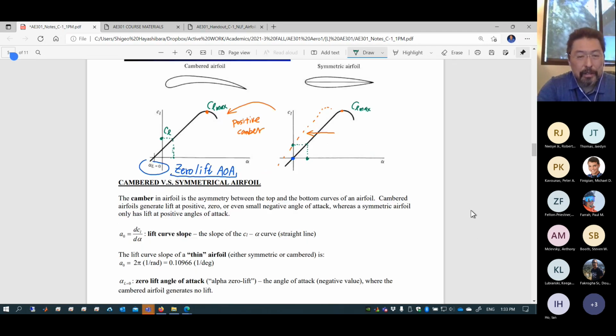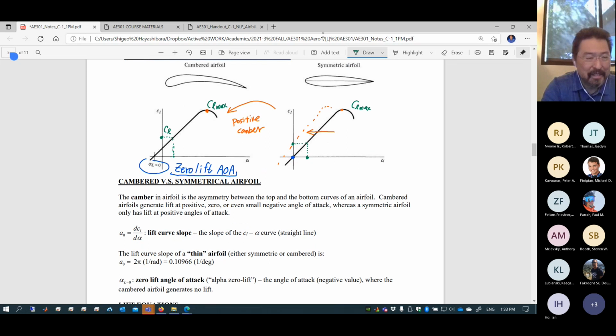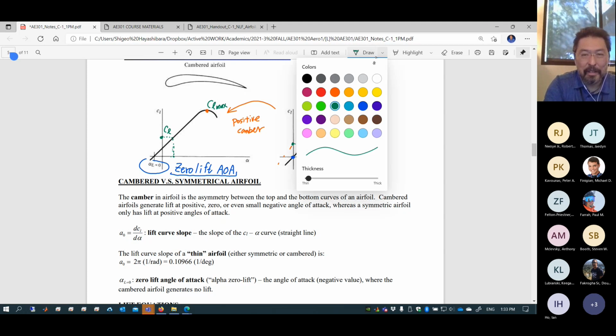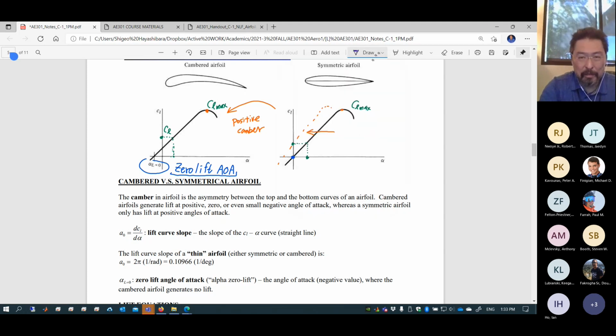Now, can you imagine negative camber, which is upside down flight? What happens? Let's think about that. Positive camber shifts the whole thing to the left. What happens with negative camber? Shift it to the right. That's right. You guessed it right.